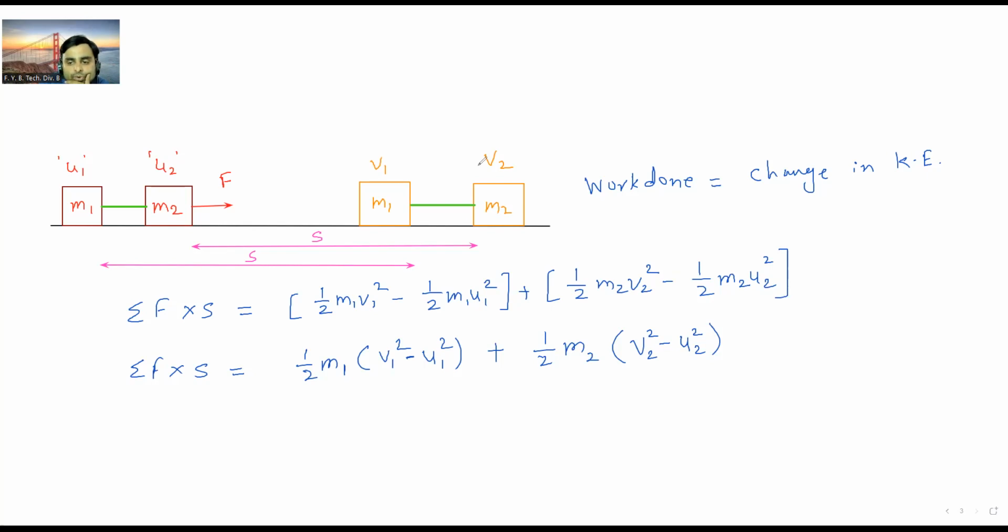Yes, sir. Okay, so now we will see the numericals on this work energy principle. So take the problem.